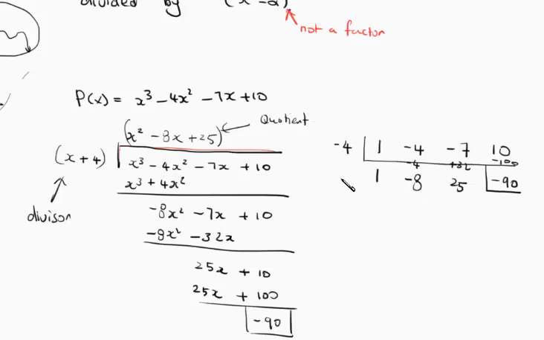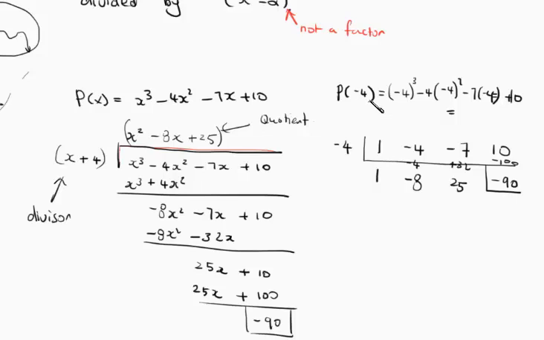Right. So we found the remainder by either doing it this way or this way. I want you to actually plug in minus 4 in here and see what you get. Just plug in minus 4 in here, here, here. Minus 4 to the power of 3, minus 4 and then minus 4 squared, minus 7 and then minus 4, and then plus 10.